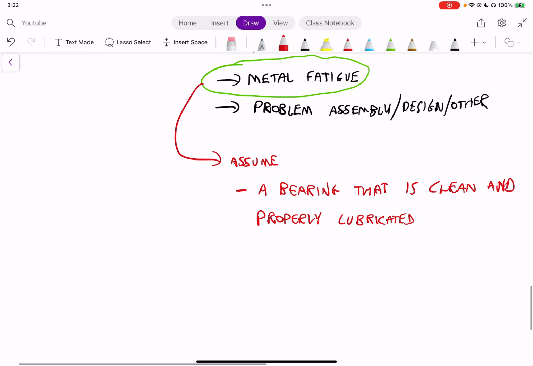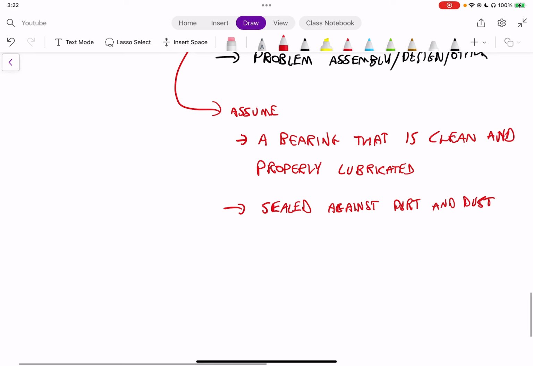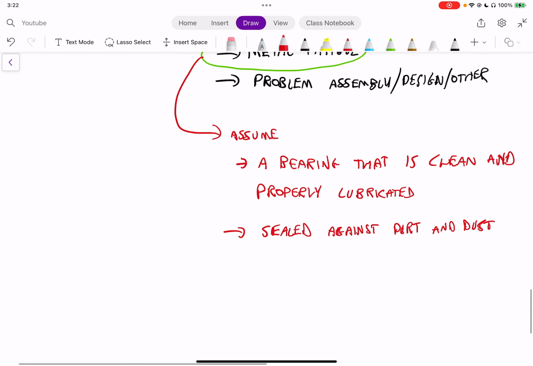And then the second thing is we're going to assume that it is sealed against dirt and dust. And therefore, metal fatigue will be the only mode of failure. So we can say that in green here, metal fatigue will be the only mode of failure.